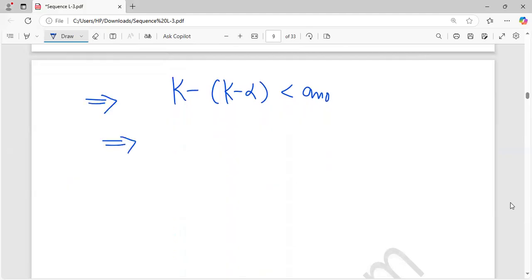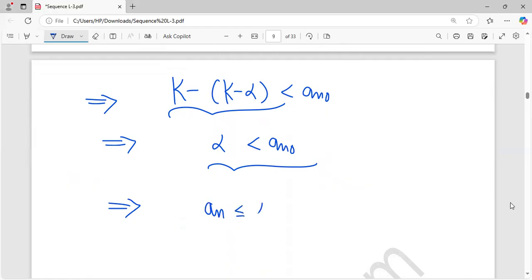So what is this? After solving, you would get alpha less than a_{n_0}. This implies you have a term of the sequence which is greater than alpha. It means the condition a_n less than or equal to alpha for all n belonging to N is not true.